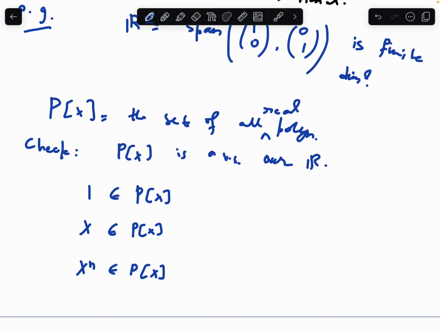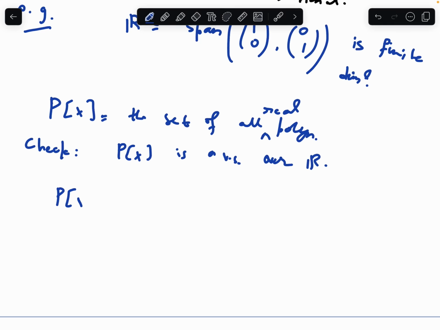Okay. So let me put it this way. If P(x) is finite dimensional, that is, P(x) is equal to the span of some polynomials, polynomial P1, polynomial P2, and some polynomial Pk, right? Some k polynomials are there and they span P(x). Let's say this is the condition.